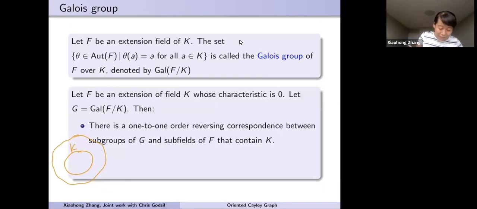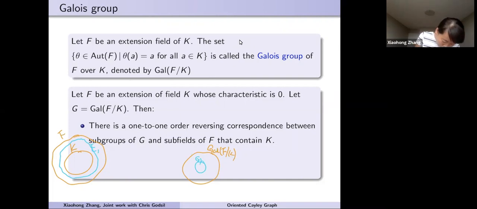So we have a field extension F over T, and we will have a corresponding Galois group of F over T. We consider fields in between F and K. If we have one field K1 here, we will have a subgroup of this Galois group here, G1.